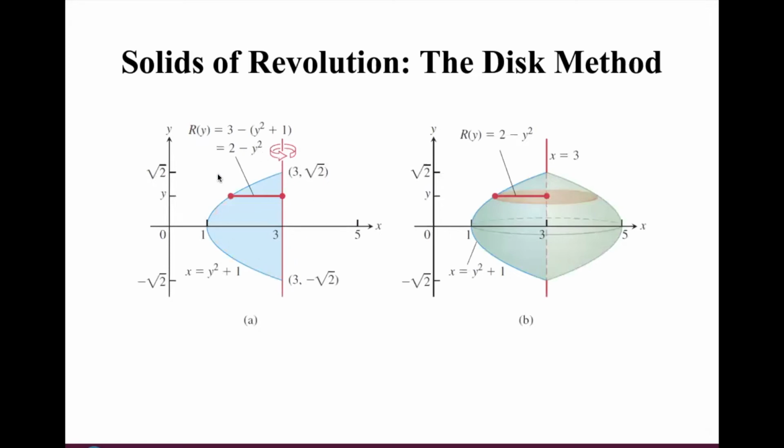So here is the picture of that region. And what I recommend doing, in fact, let me just switch over to my tablet. It's easier for me to scribble on it.